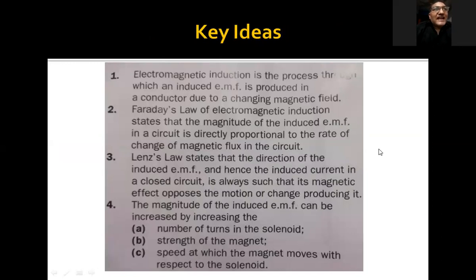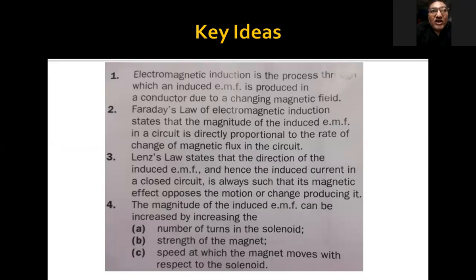So this slide is about the key ideas which we have studied till now. Electromagnetic induction is the process through which an induced EMF is produced in a conductor due to a changing magnetic field. Faraday's law of electromagnetic induction states that the magnitude of the induced EMF in a circuit is directly proportional to the rate of change of magnetic flux in the circuit.